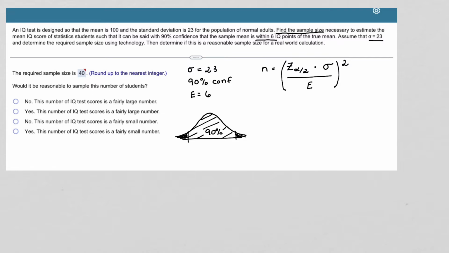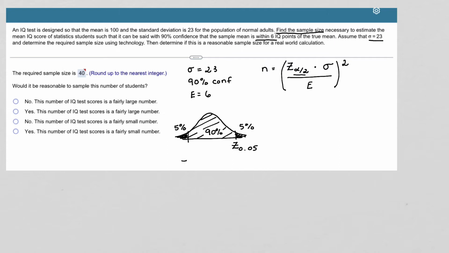And I should say it's 10% for the two tails combined. So there's going to be 5% for the top tail and 5% for the bottom tail. So what I'm looking for here, when we say z sub alpha over 2, in this particular case, that's z sub 0.05. So we took the 10% left over and divided it by 2. So the 10% is alpha. We divide by 2, we get 5%.